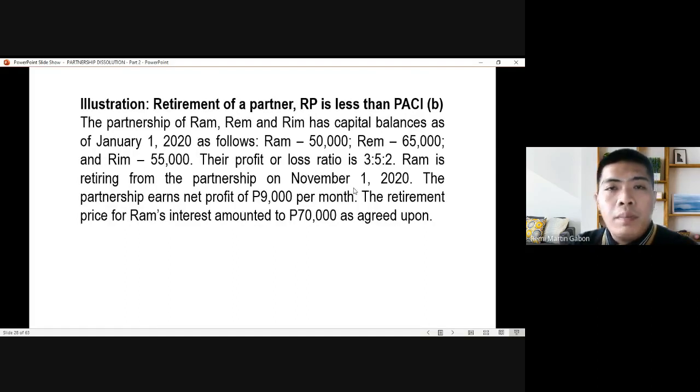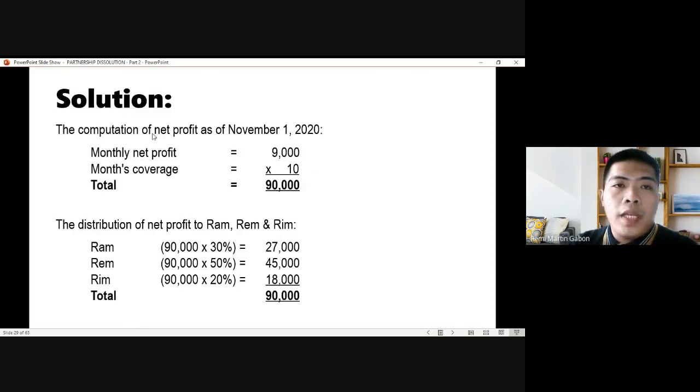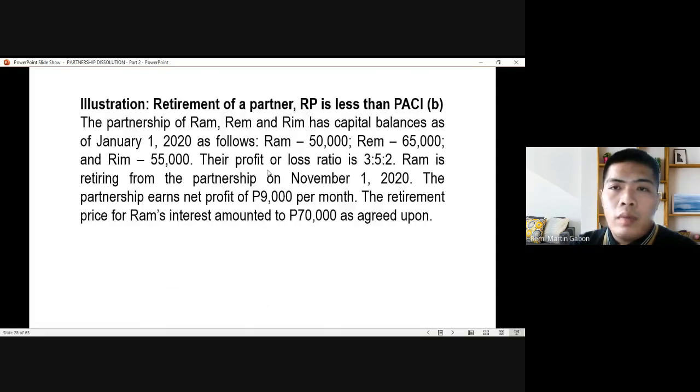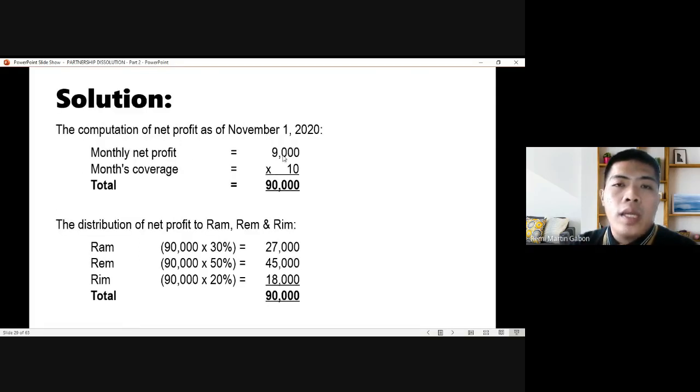So another example, RAM is retiring from the partnership on November 1, 2020. The partnership earns profit of 9,000 per month. So the retirement price of RAM's interest amounts to 70,000 as agreed upon. So the computation of net profit as of November 1: 9,000 monthly profit times 10, that would be 90,000.